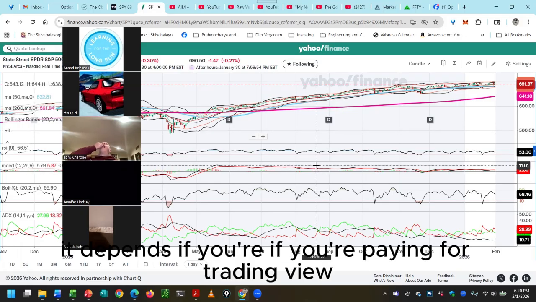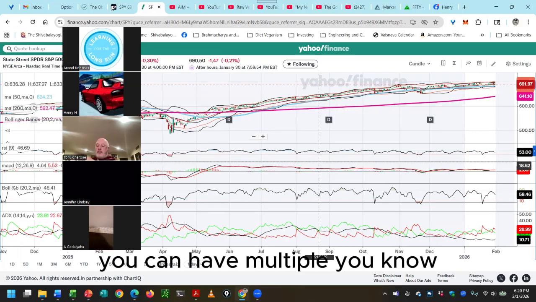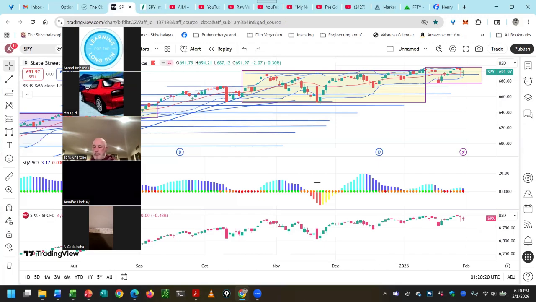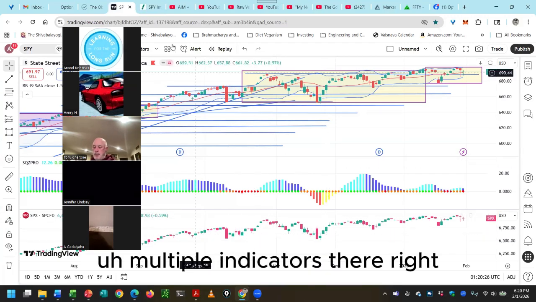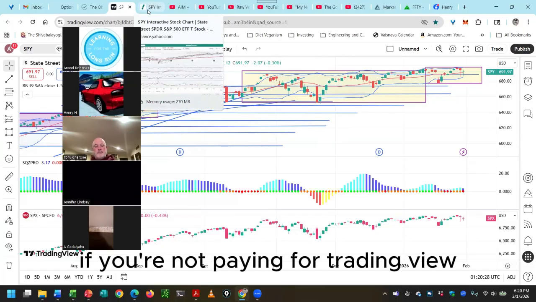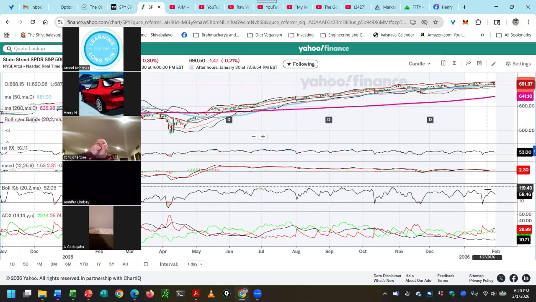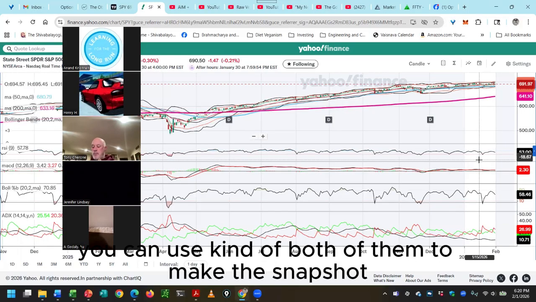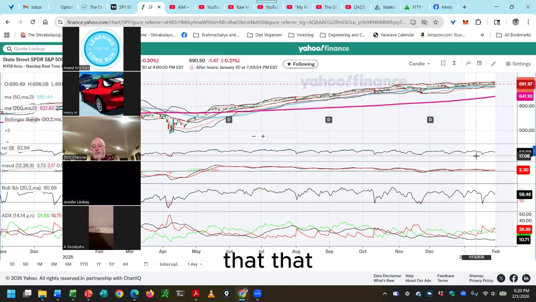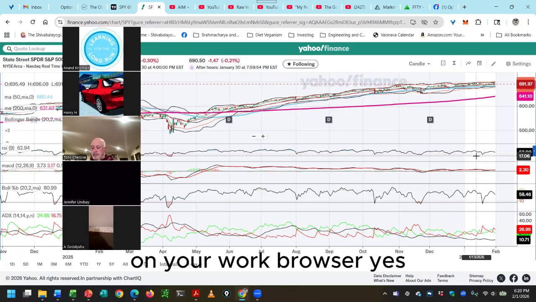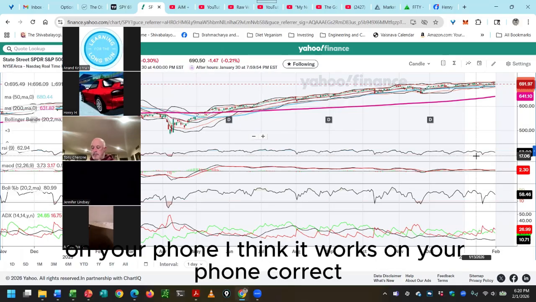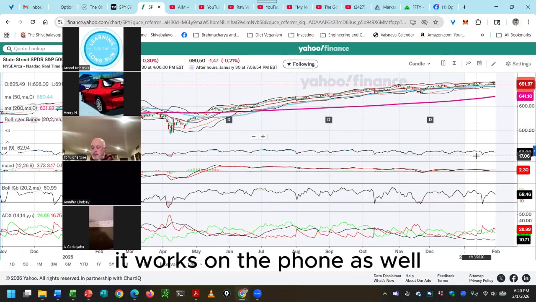If you're paying for TradingView, you can have multiple indicators there. If you're not paying for TradingView, at least for now, Yahoo Finance is free, so you can use both of them to make the snapshot. That works on any browser, at work, at home, and on your phone. Correct, it works on the phone as well.